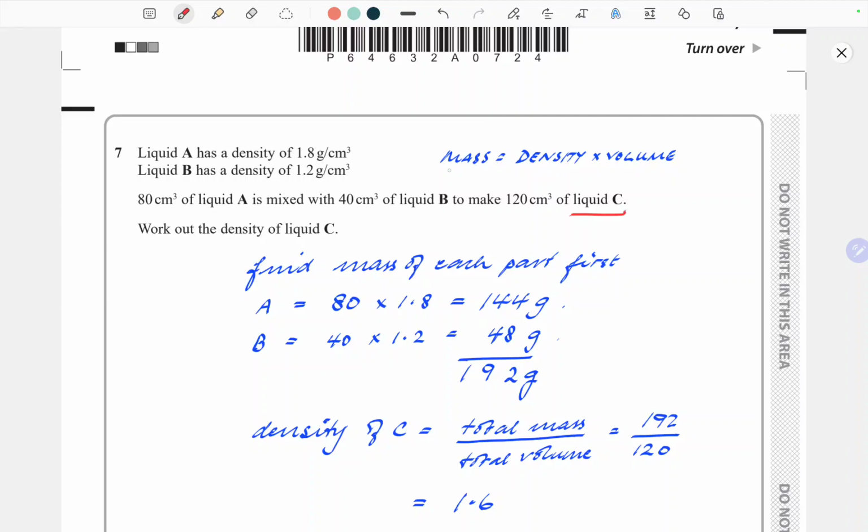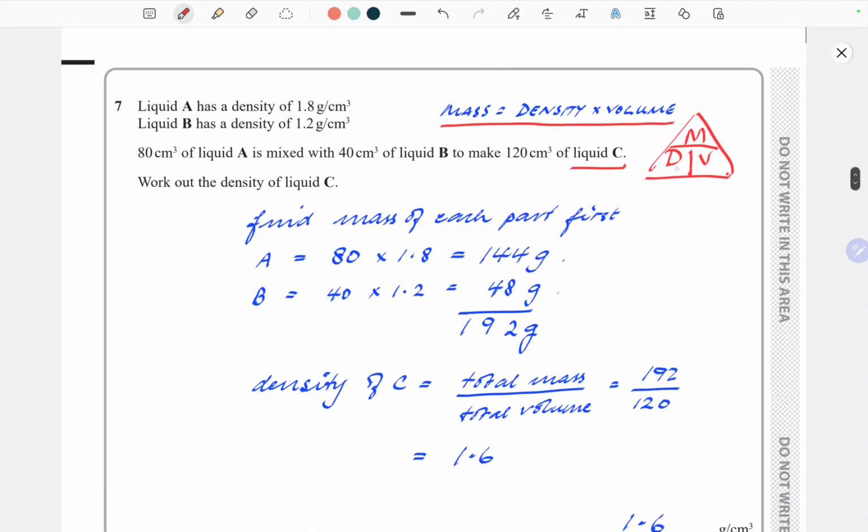First thing to remember is that mass equals density times volume, or if you like, density is mass over volume, if you remember those triangle type things. So put that in the corner somewhere, write it out, whatever helps you, but bear that in mind as you work it.